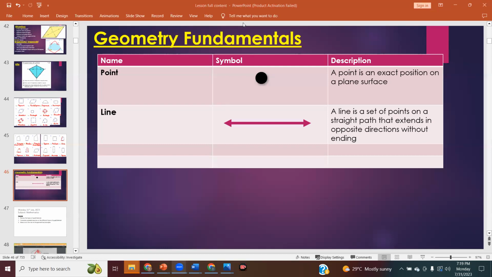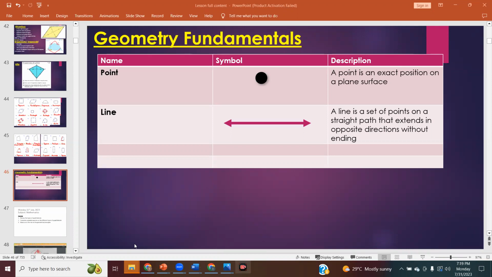Next person I want, Alasia, what is the line? A line is a set of points on a straight path that extends in opposite directions without ending.